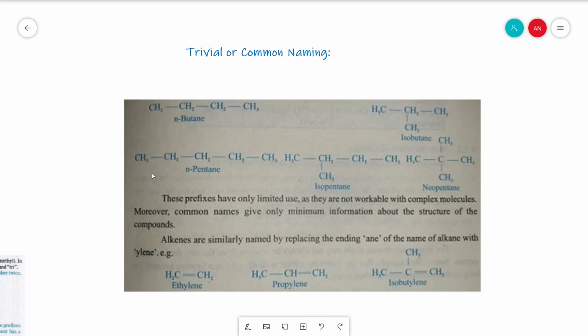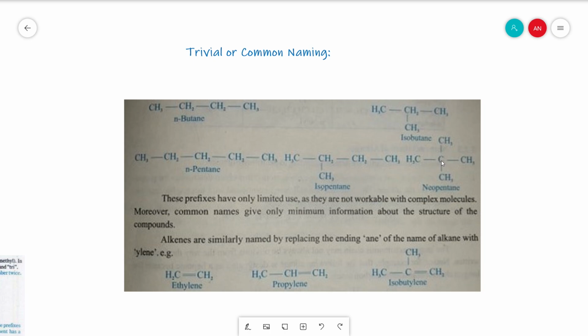Now take the structure of pentane. This is pentane of 5 carbons. Now what would be the first isomer of pentane? It would be this one, and its IUPAC name would be 2-methyl butane. But what is its common name? Its common name is isopentane.